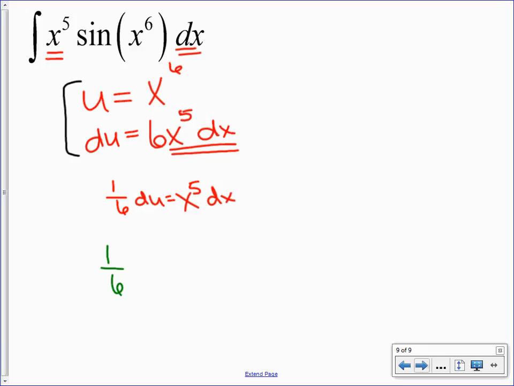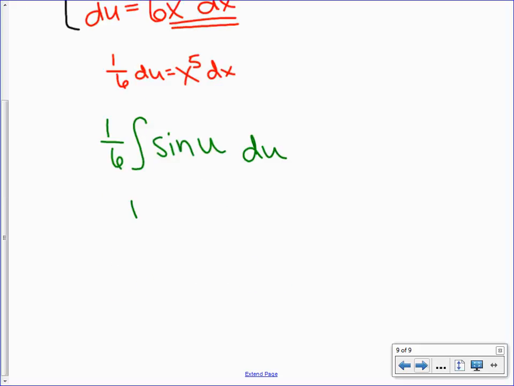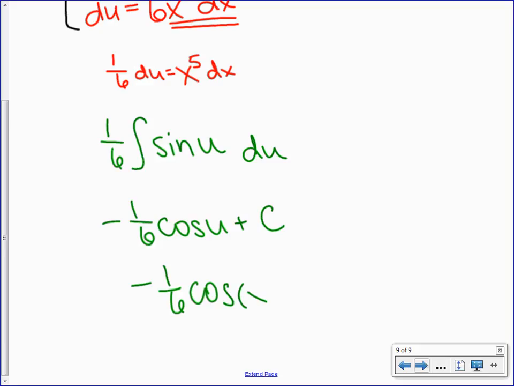So our integral becomes 1/6 du, right? Because that's what we're going to replace x to the 5th dx with. And then we have sine of u. Antiderivative of sine: negative cosine. So we have negative 1/6 cosine of x to the 6th plus c.